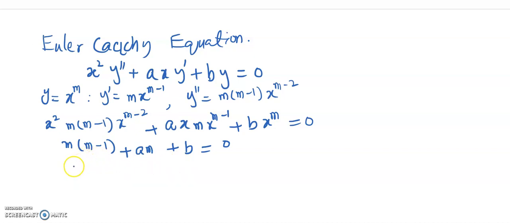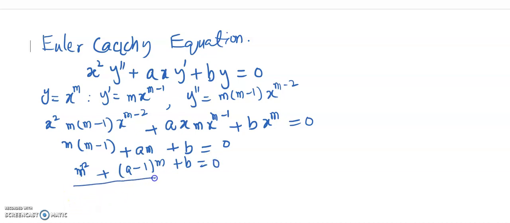This is a quadratic equation. We can make it in standard form: m square minus m plus am plus b equal to 0, so it will be m square plus (a minus 1) m plus b equal to 0.